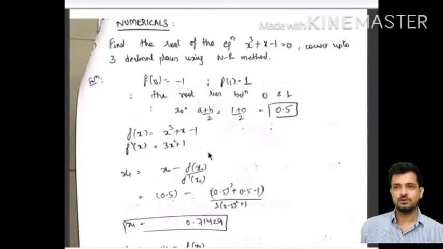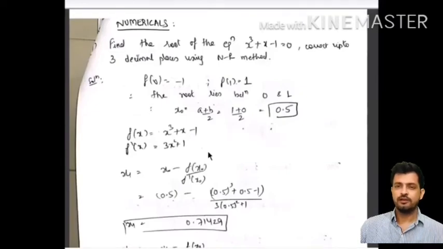If both the values have opposite signs, then we can say our root is lying between these two values. So placing 0 and 1 in the main equation, we can say the value of x0 is equal to 0.5. So initially we have to take x0 as 0.5.